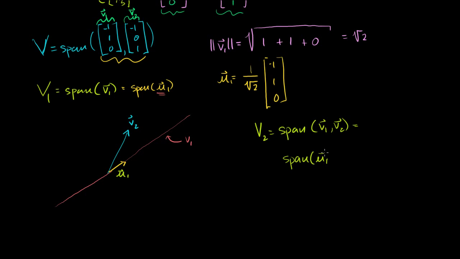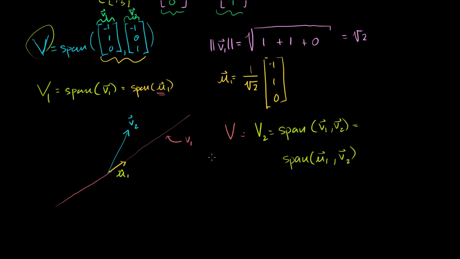So we want to see everything that can be generated by linear combinations of u1 and v2. And obviously, this thing right here is our plane that we're talking about. The span of these two guys is the whole subspace that we're talking about in this problem. So that is equal to V. So once we find an orthonormal version for this span, we're done.